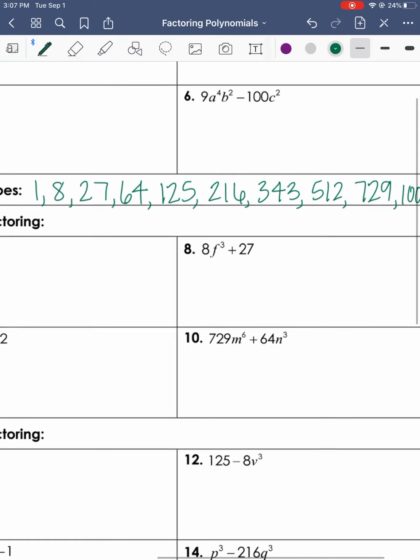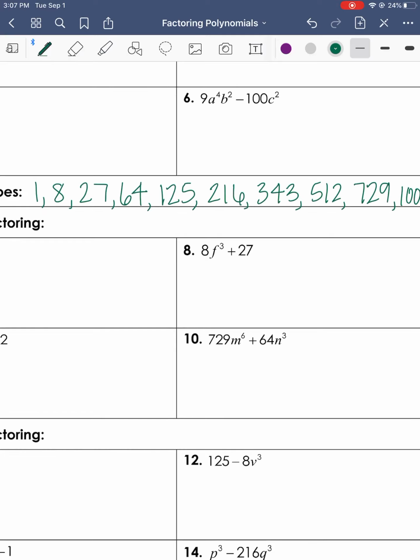Okay, for the sum of cubes, if you have a term that looks like x cubed plus y cubed, so they're both perfect cubes and they're being added together, that is equal to the first term, x plus y, so you take the cube root of those and add them together.